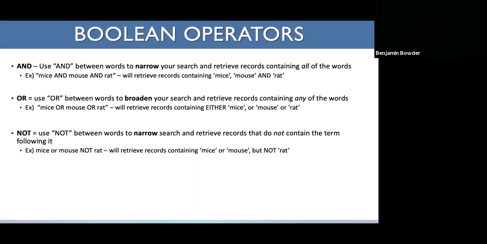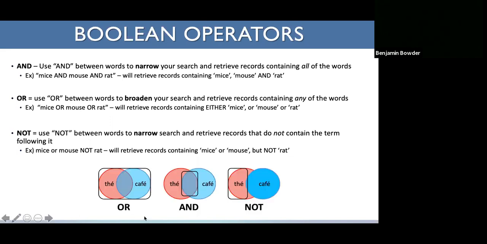So if you were to look for mice or mouse but not rat, you would put not in between those words. And another way to look at it more visually is like this. So and is looking for only articles that contain both the terms, or is articles that contain either one, and not is excluding one of the terms.